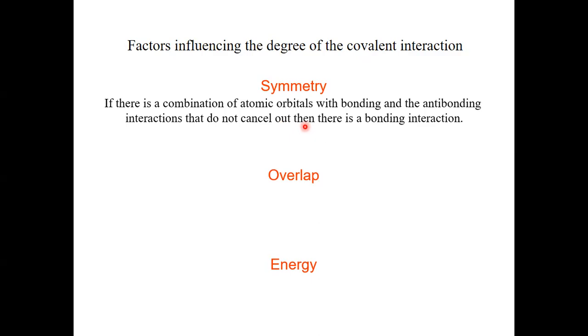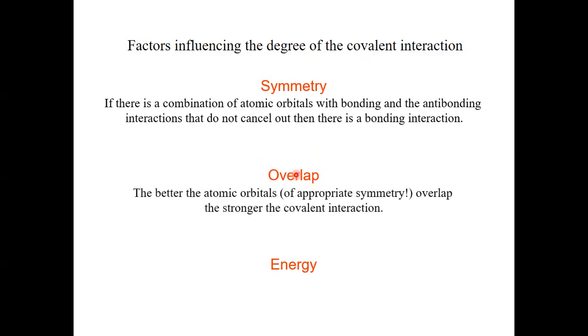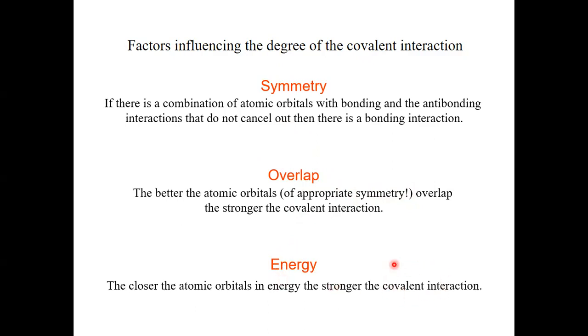So secondly, there's the overlap criterion. And that overlap criterion says basically that the stronger the orbitals overlap, provided they have the correct symmetry, the stronger the covalent interaction. And lastly, there's the energy criterion, which says that the closer the orbitals are in energy, the stronger the covalent interaction.